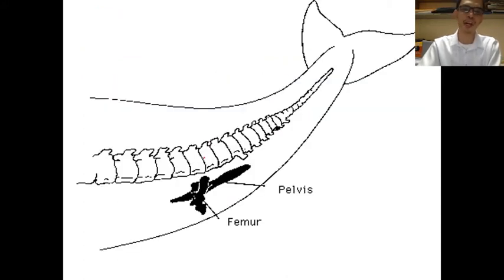So we have here the pelvis of the whale. You know the pelvis is present in some animals like humans, because humans have hips. And here we have the femur, which is part of your leg bone. So in short, if the whale has these two distinct bones in its body, it means that a long time ago, the whale was a walking animal on land.